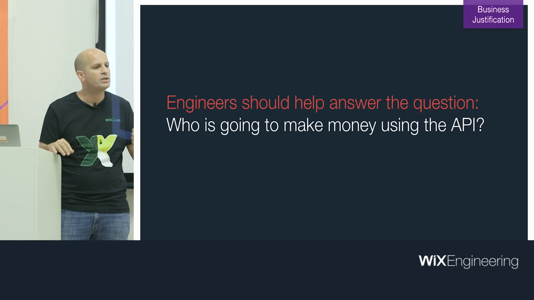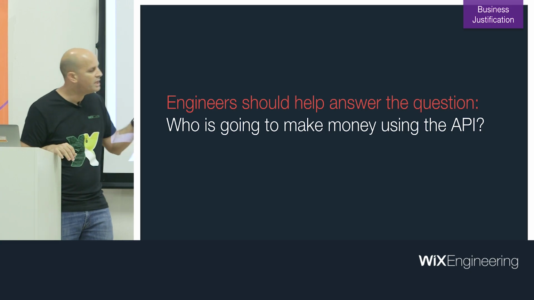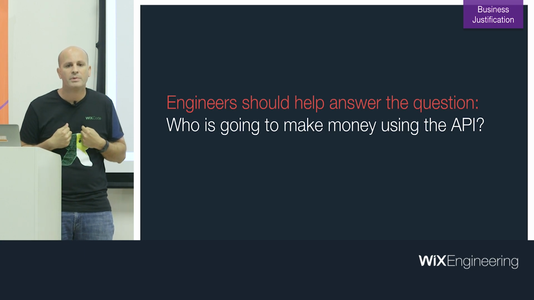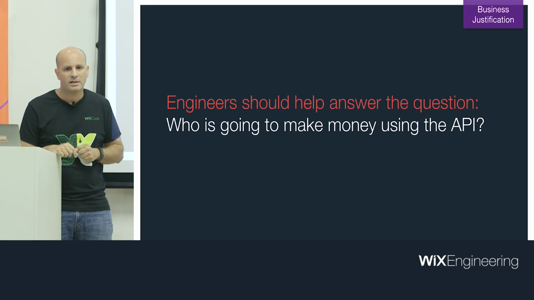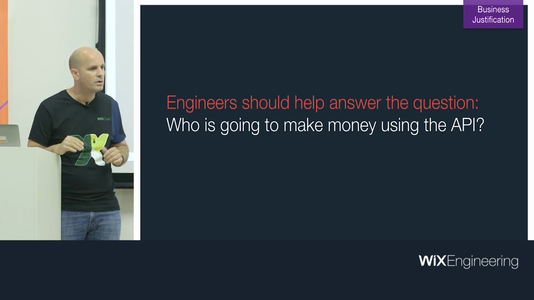No one will actually be able to earn money. But if you find someone who can actually earn money from using the API, then you can ask yourself, if he earns money, how can my company earn from that? And these are the questions you need to help your managers understand.